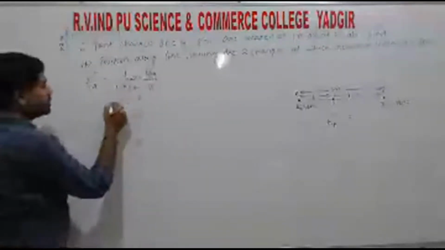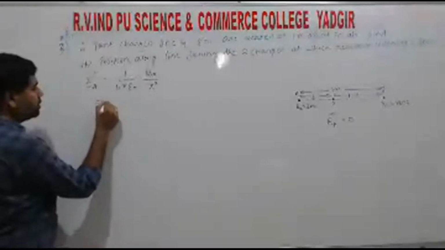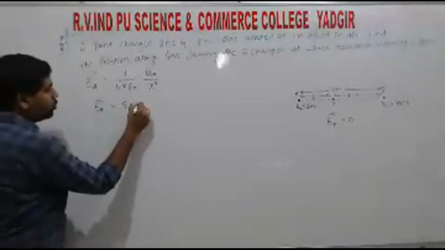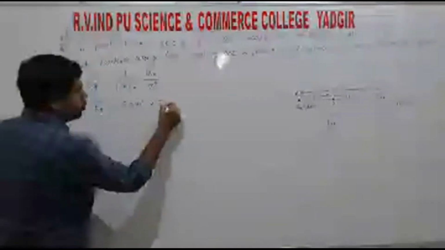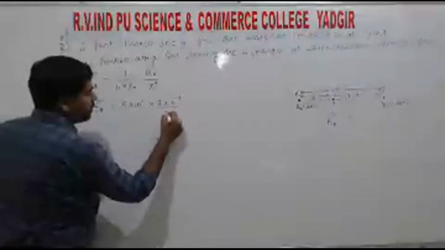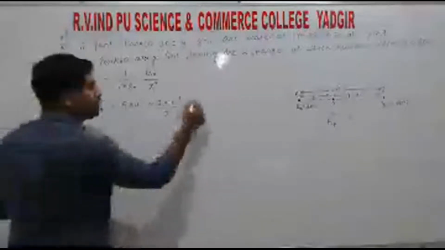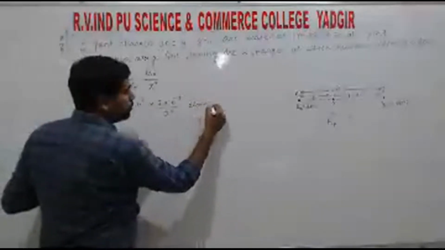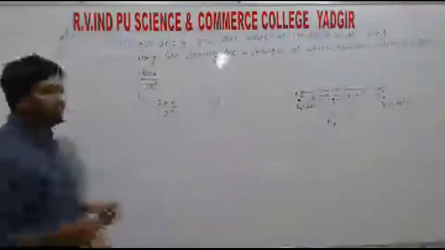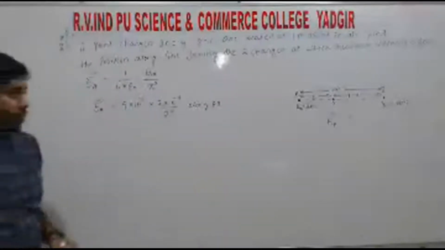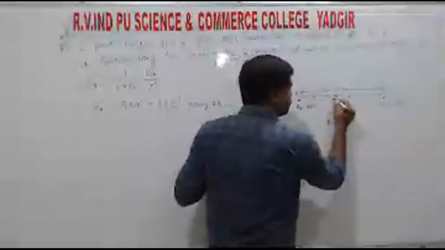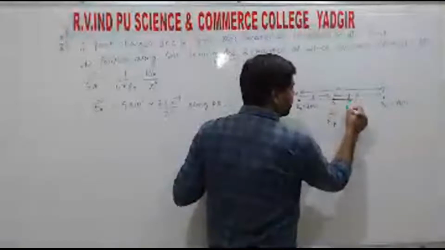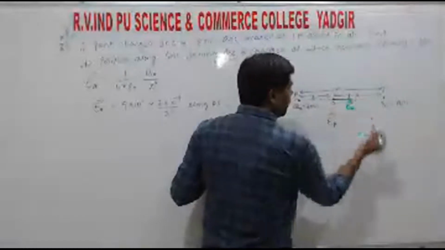EA equals 9 into 10 to the power of 9 times 2 into 10 to the power of minus 9 divided by x square. The direction is along PB. Here is a positive charge, here also a positive charge, so there is a repulsive force, so in this direction we have the electric field intensity EA.